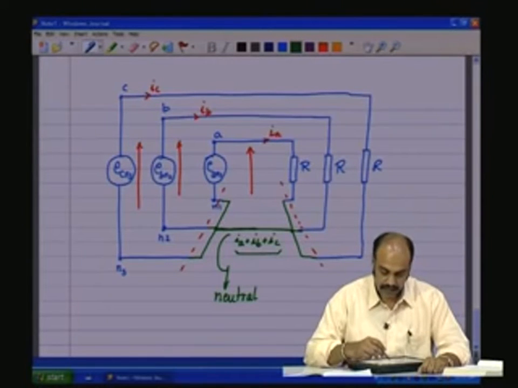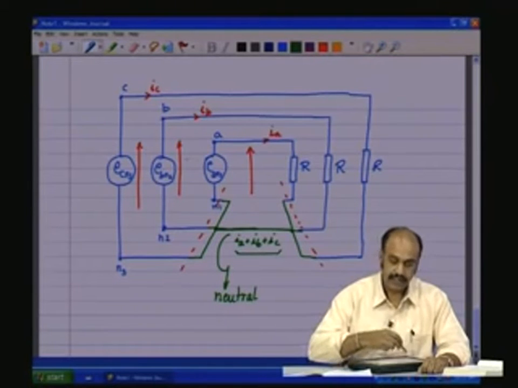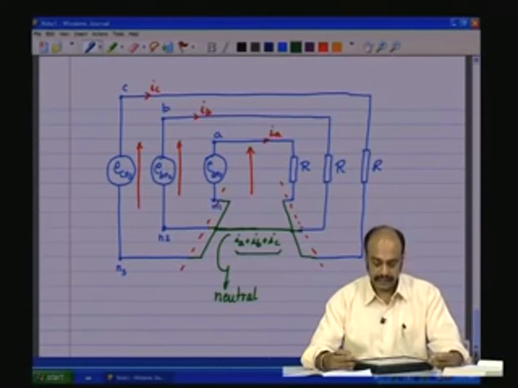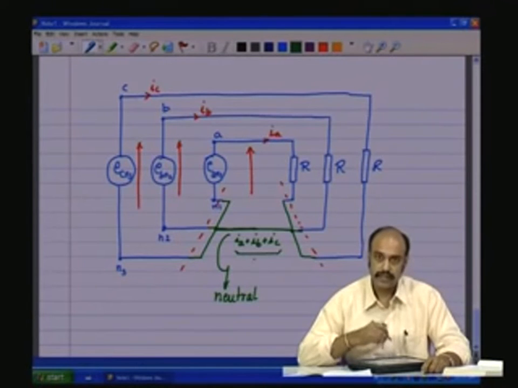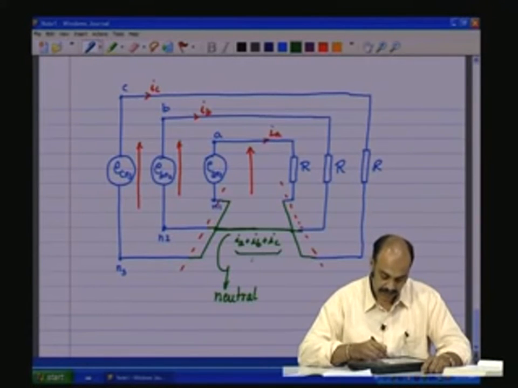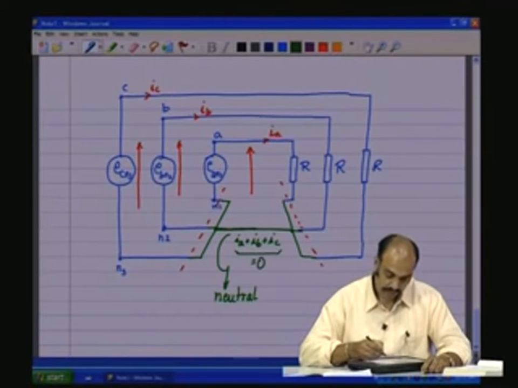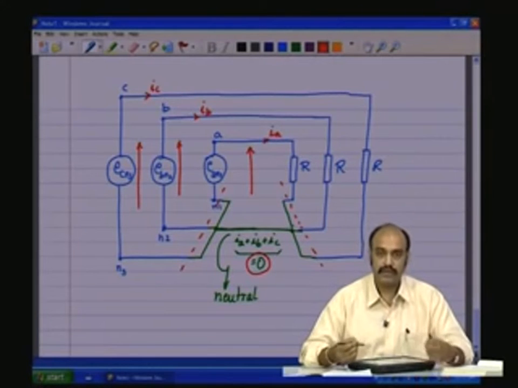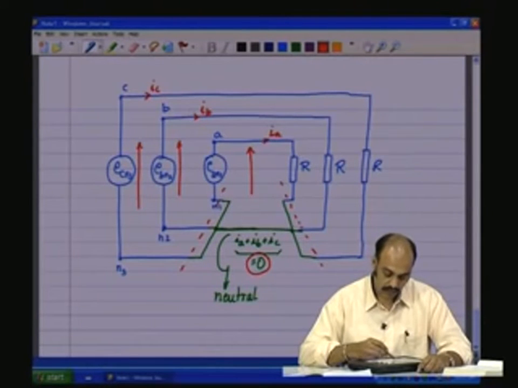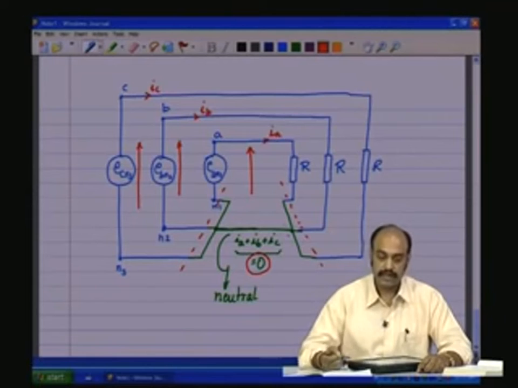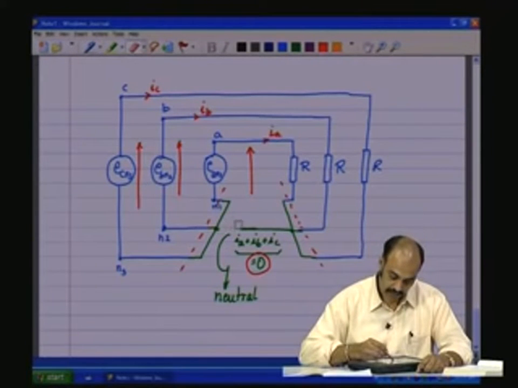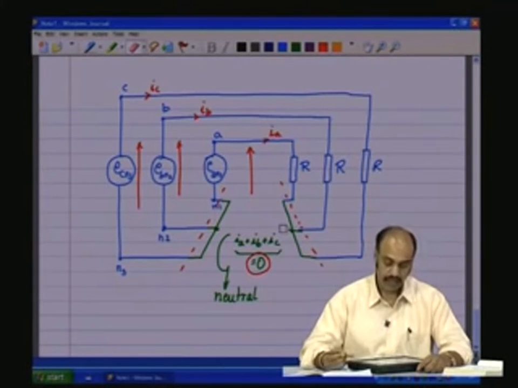If the loads R, all are balanced, the voltages are all as according to the constraint, equal effective values, 120 degrees phase shifted, then you will see that IA plus IB plus IC is equal to 0 and not a very large value. So, which means the conductor here need not be very thick. In fact, if it is equal to 0, one can just eliminate this conductor and make it a 3-wire system.